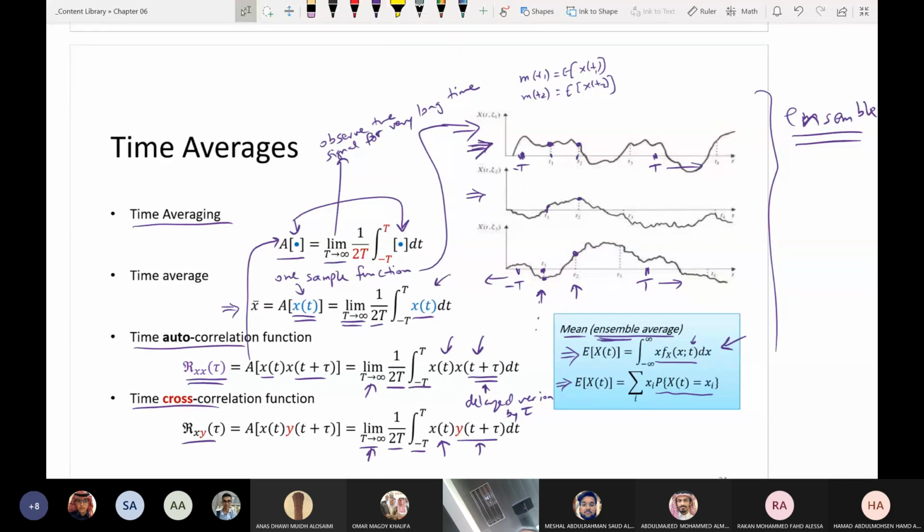If an ensemble mean يحتاج إيش؟ نعيد الexperiment many times. So we have many sample functions, and we calculate the ensemble average أو ensemble mean, اللي هو اللي حسبناه هنا. The way we calculate it is this blue part. Now هذا هو الانسمبل mean.